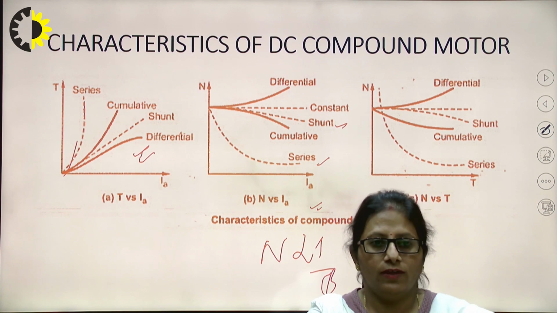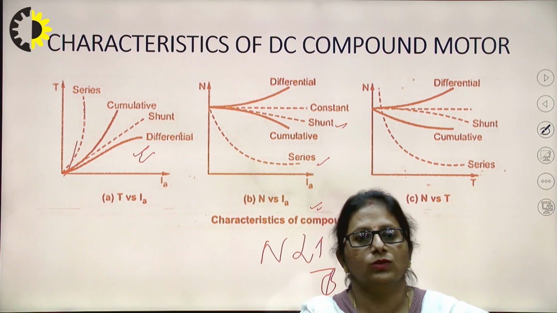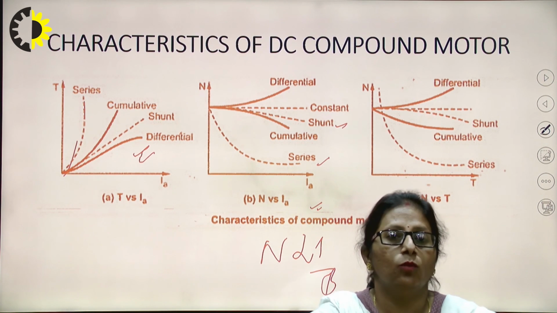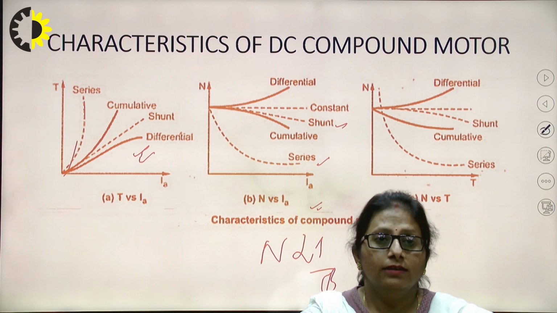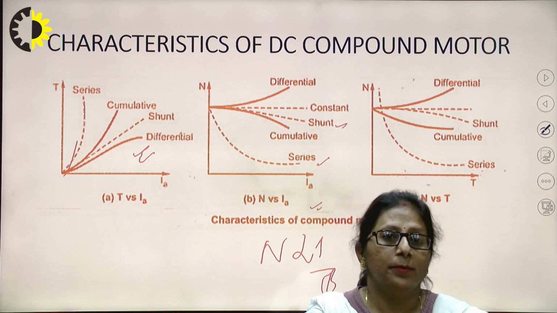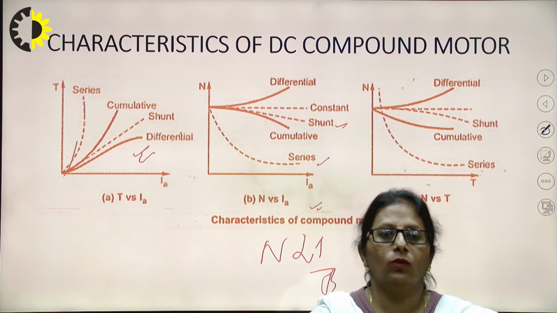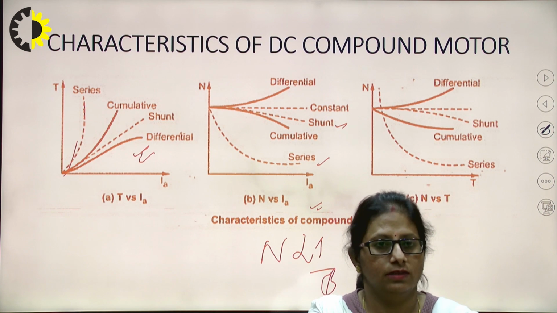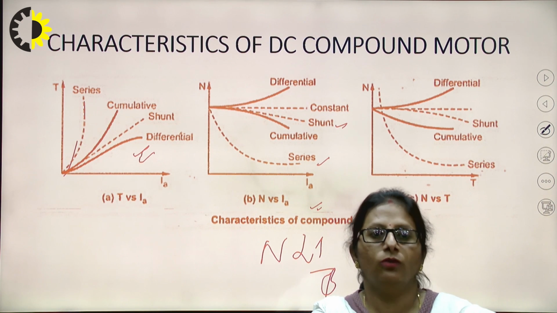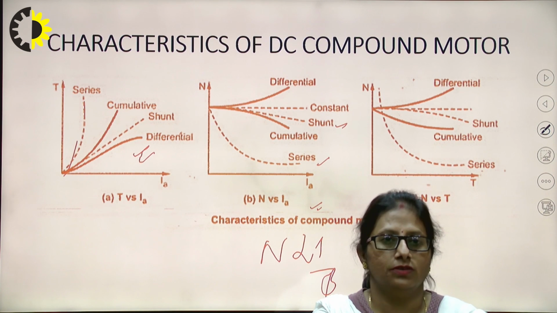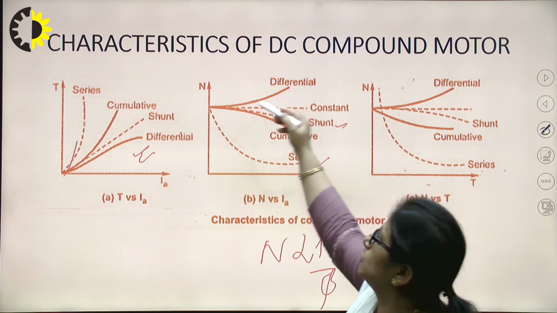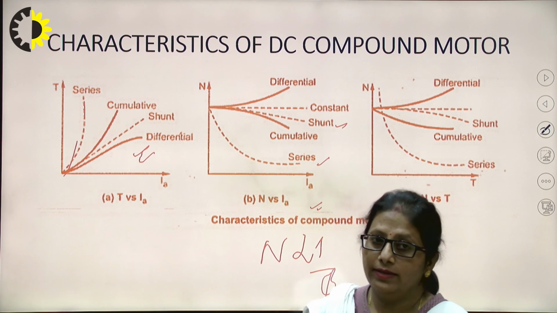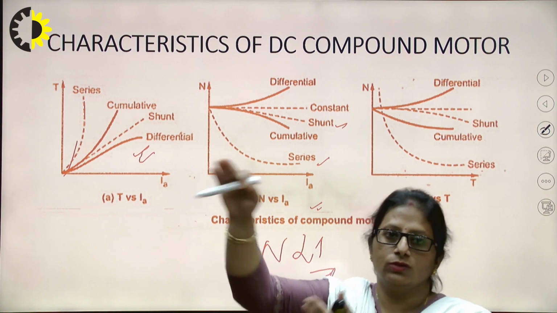The flux is decreasing in any case, so the speed would be increasing. This is the motor which gives a characteristic not desired by any motor. When the load is increasing, when the armature current is increasing, the speed has to decrease, either by a small amount or a higher amount. But in case of differential, it shows a reverse characteristic. With the increase in the load, the speed also increases.